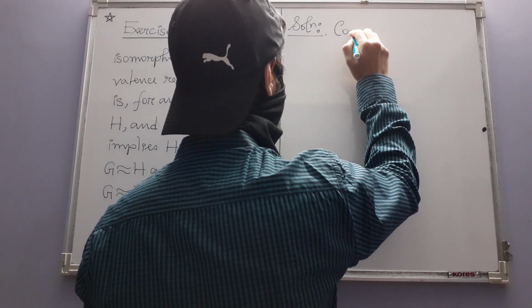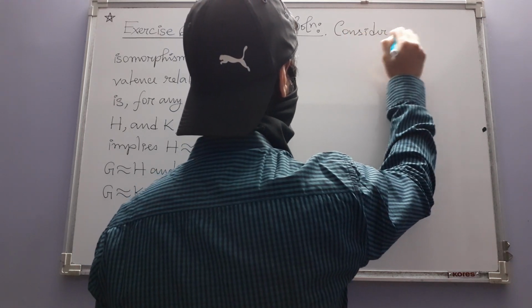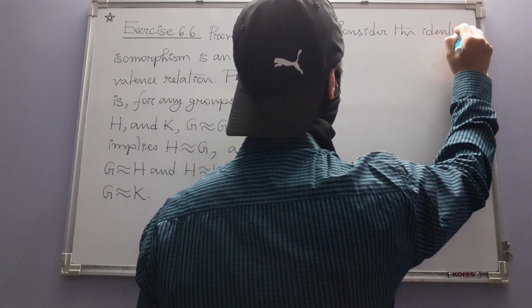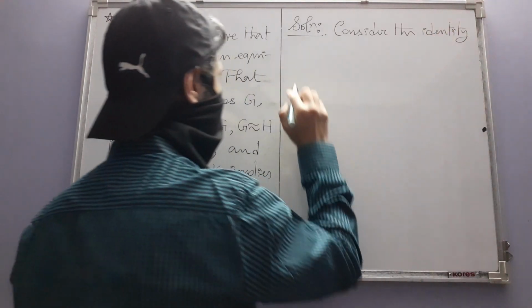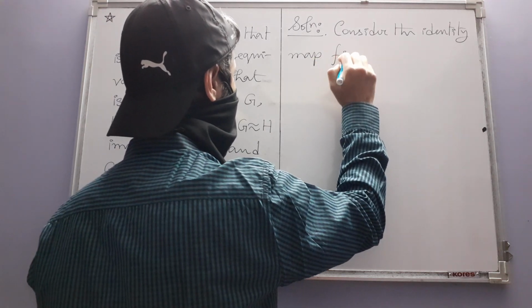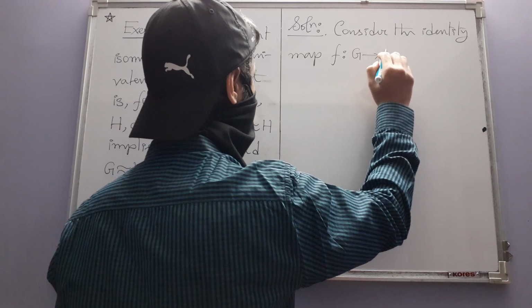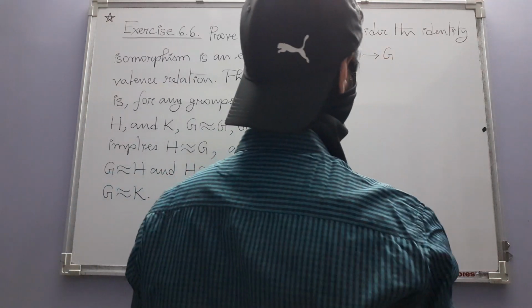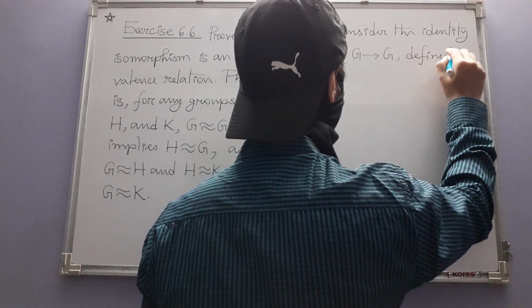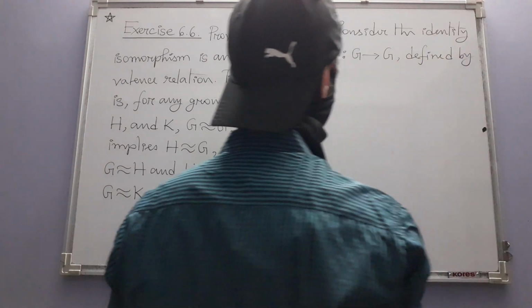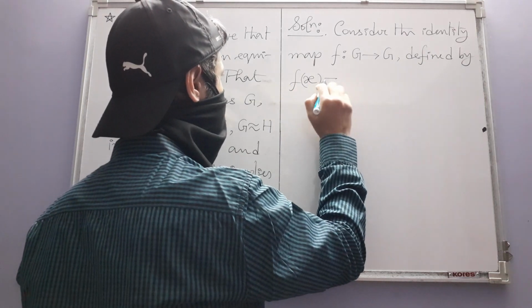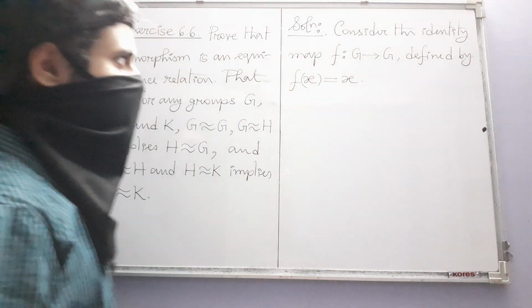Consider the identity map F from G to G defined by this formula.